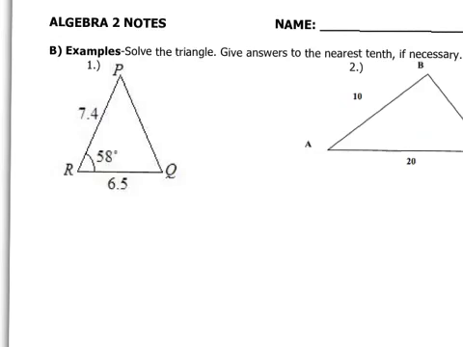So this first example is a prime example where you have something other than A, B, and C. The first thing I'm going to do is change this to A, B, and C. Just keep in mind that the sides opposite your angles are the lowercase a, b, and c, so even if the vertices are not, you can change it.